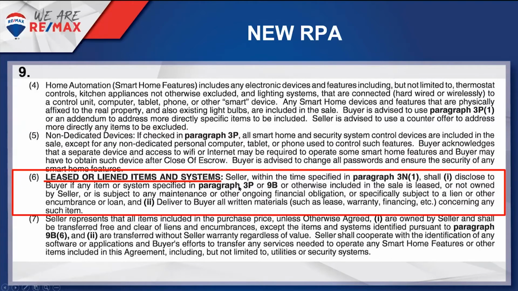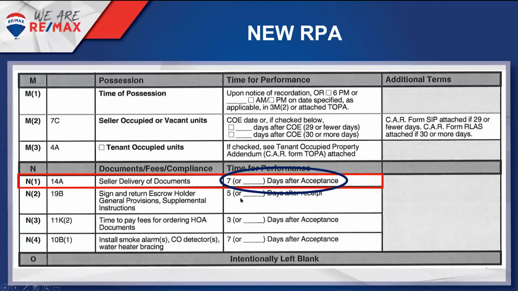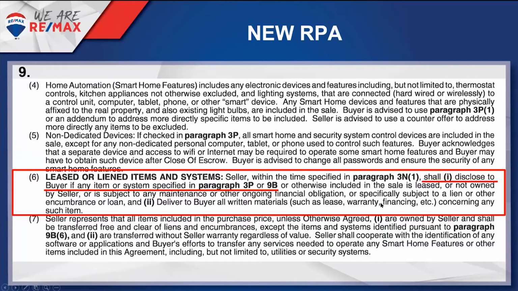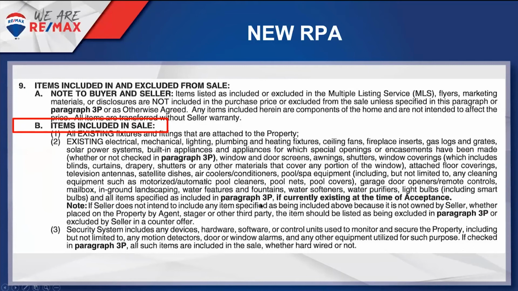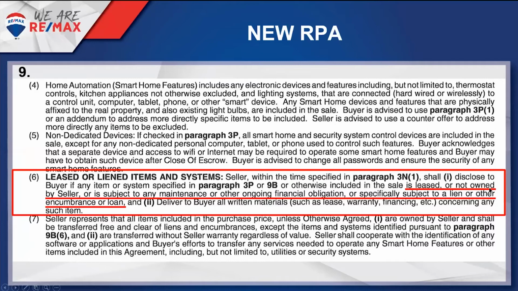Leased and lien items. Any leased or liened items that are within the time specified in 3N1, seller delivery of documents, shall be disclosed to the buyer if the item or system specified in 3P or 9B, 3P right here, one of these items, or 9B, any of this general stuff, 9B2, is leased or not owned by the seller or subject to a maintenance type of agreement, then the seller must disclose that.